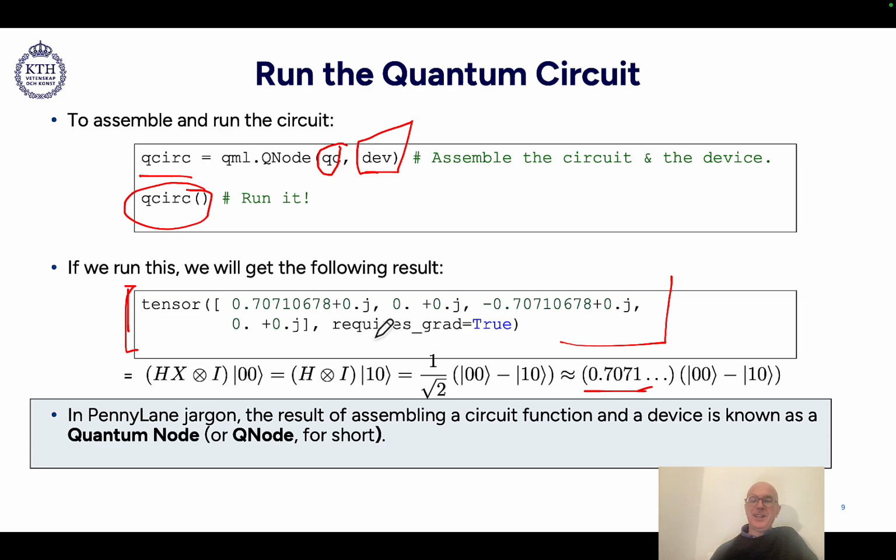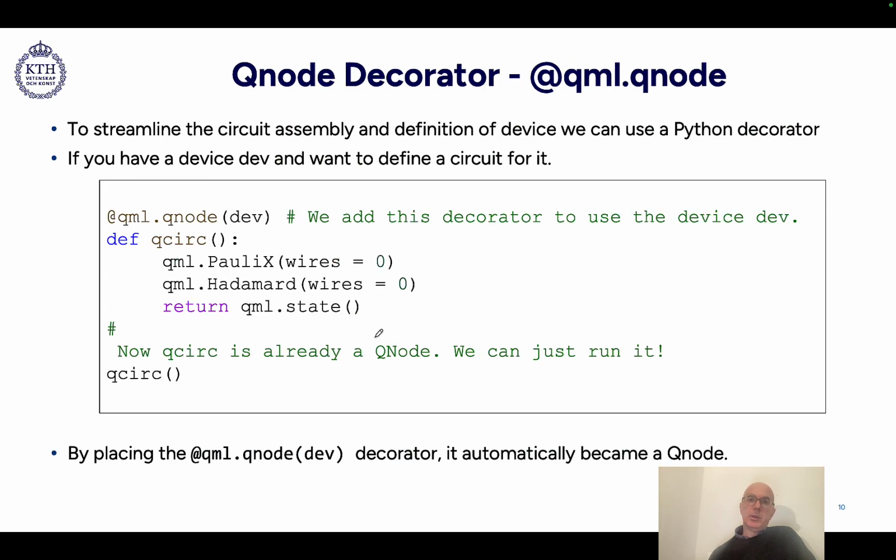So in PennyLane jargon, the result of assembling a circuit function and the device is known as a quantum node. During this course, we often talk about quantum nodes. What you need to remember about a quantum node is that it corresponds to assembling a circuit function definition with the device, that is where we want to run the quantum circuit.